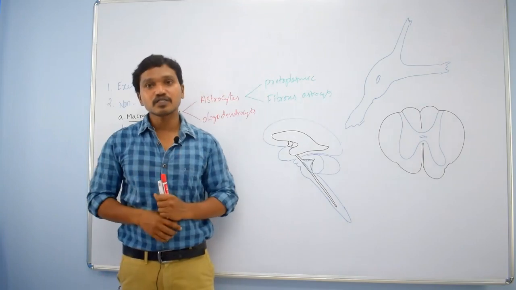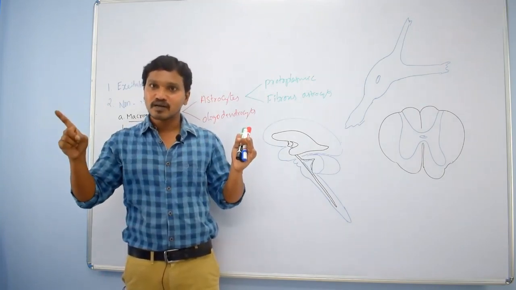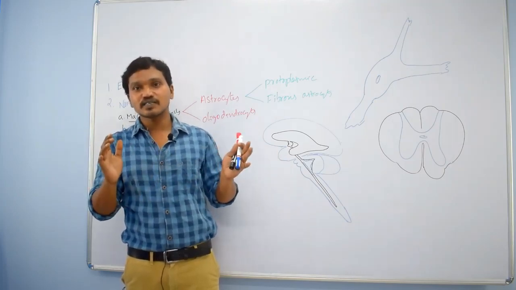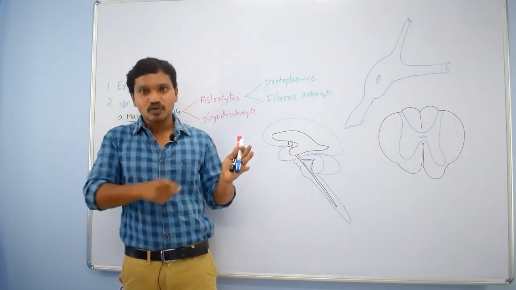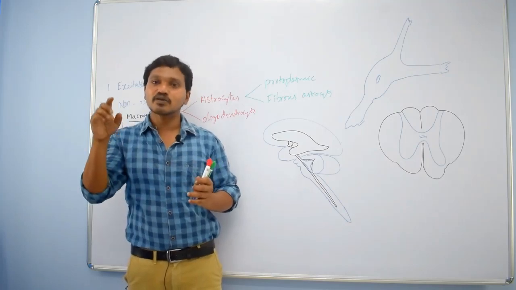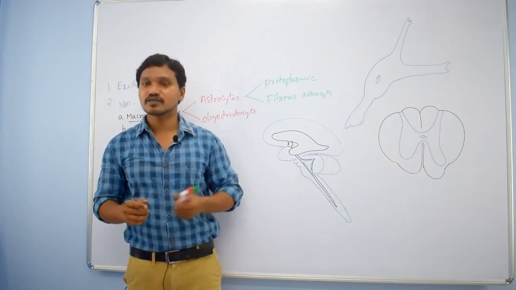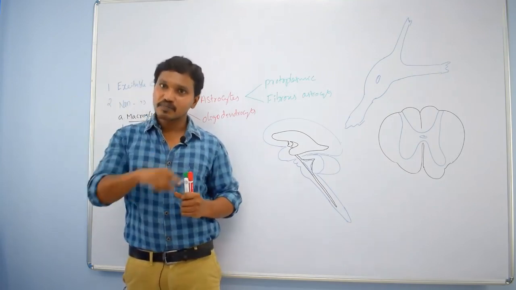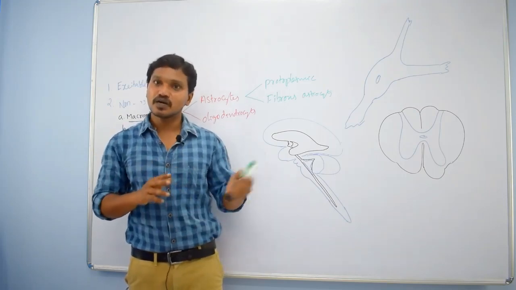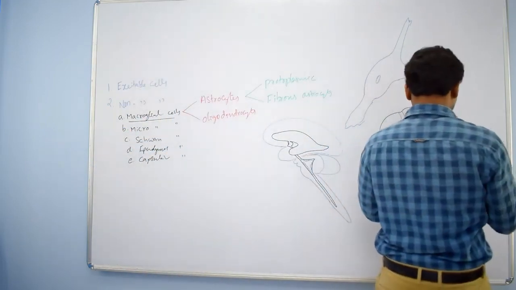So oocyte size is more than oogonia. But what about the nutrition? As I already told you, if the size of the cell increases, those cells are surrounded by other cells to give nutrition. That's why oocytes are surrounded by follicular cells, and these follicular cells give nutrition to the oocyte. Clear? Here also you can find the same arrangement.